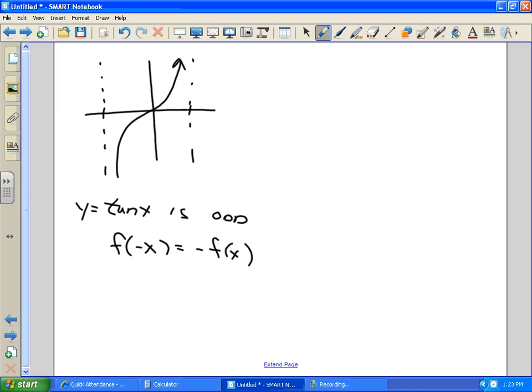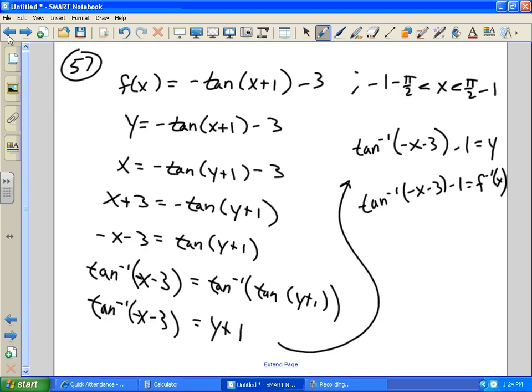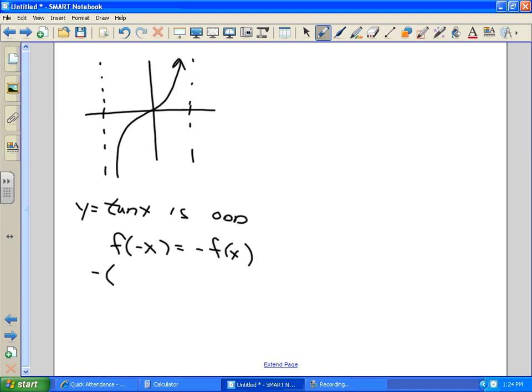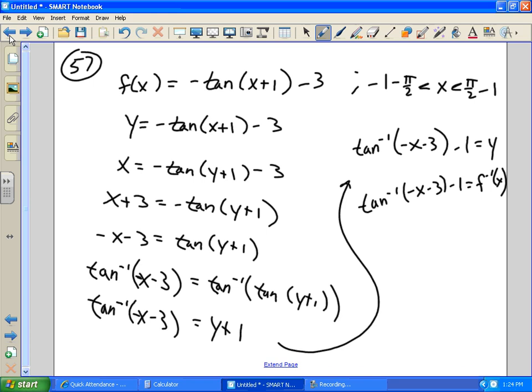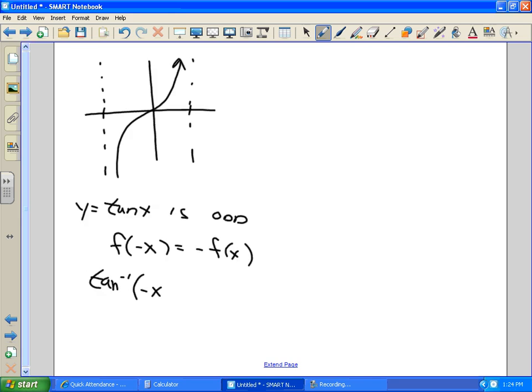So what we have here is the inverse tangent of negative x minus 3, correct? If this is a negative, I factor out the negative, this is the same as the opposite of the inverse tangent of x plus 3.